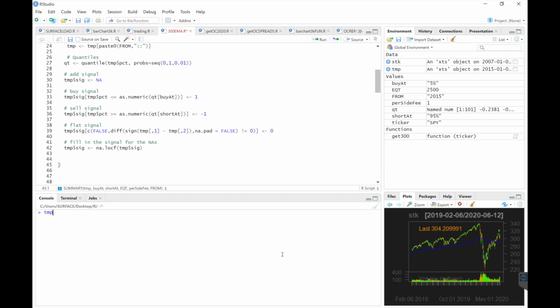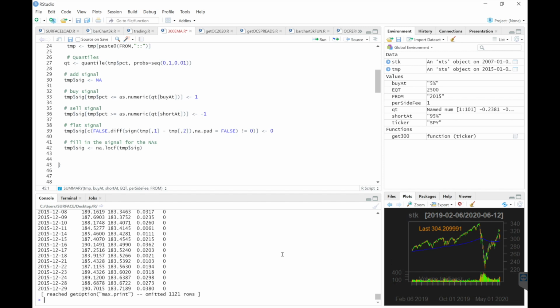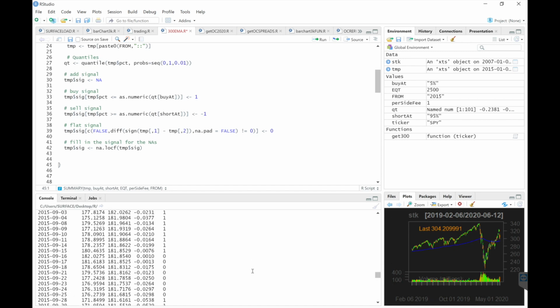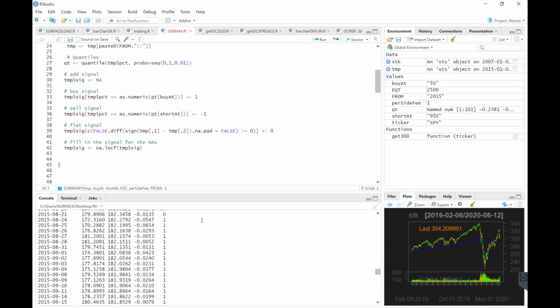So let's look at our object. Great. So whenever a signal is thrown, we'll be long until the signal changes.